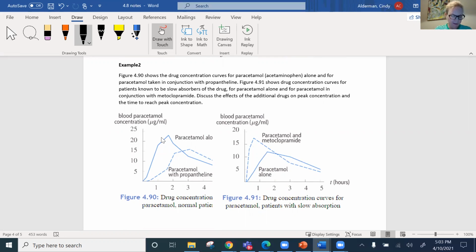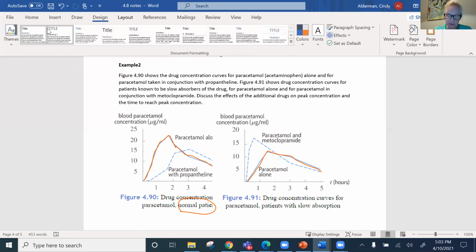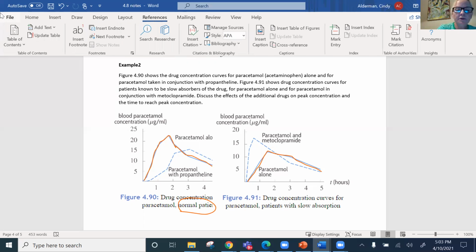So first thing I want to compare is, let's compare the para drug in somebody that is a normal patient to the para drug of somebody who has slower absorption. Okay, so let's just first talk about that. If you look at it, it takes about the same amount of time, right?